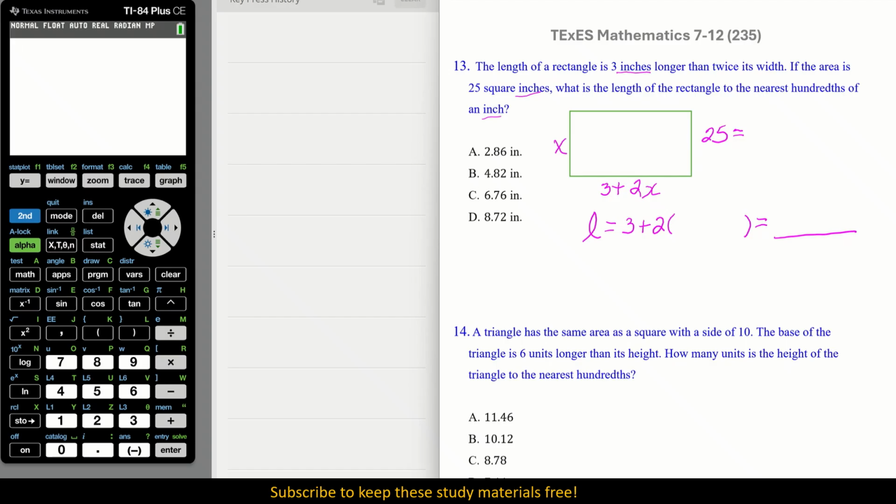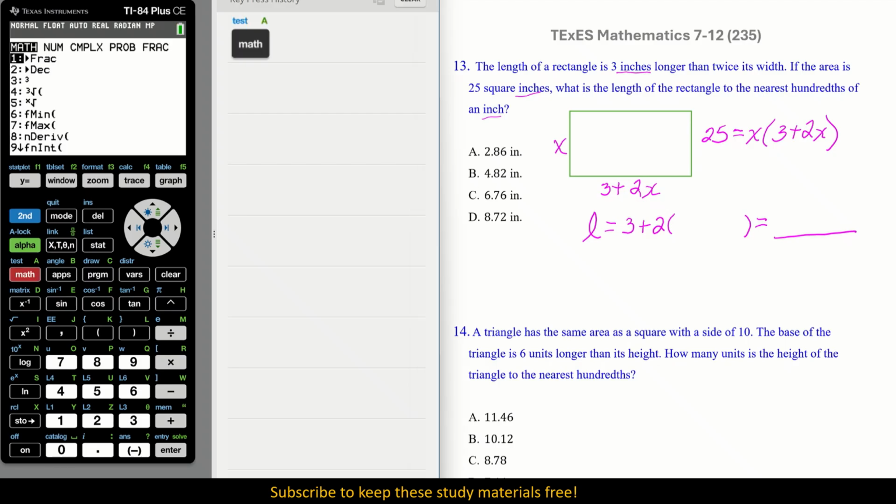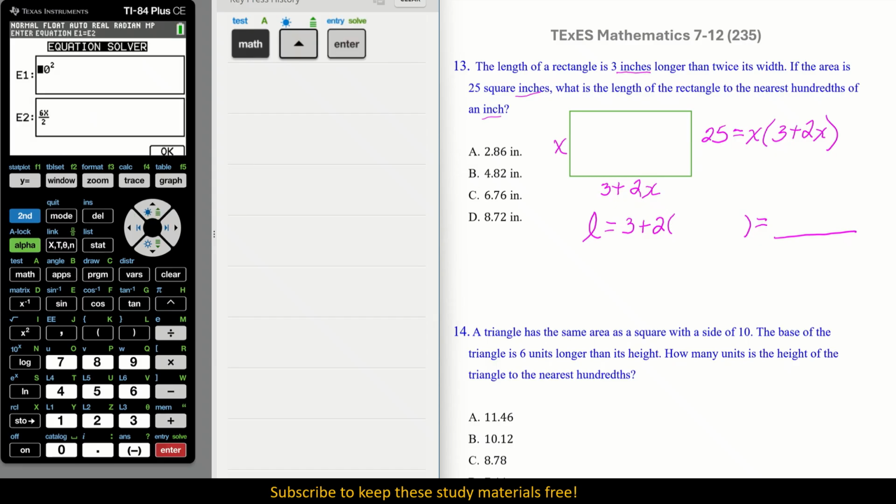Okay, so we need base times height or length times width. Remember we're doing x. This is what we need to pop into our calculator. So we need math. We're using solver, by the way. Math, arrow up, see what we want, so press enter.